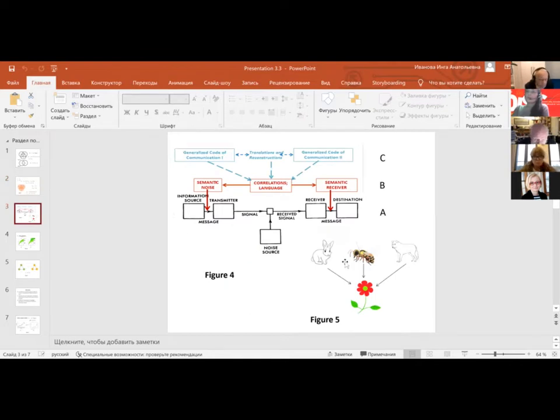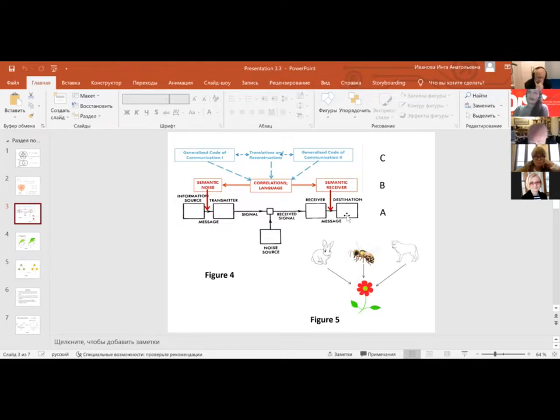In order to make it more clear, I put this scheme here on the slide, and at the base, level A, we can see how information is transmitted from the information source to the destination according to the logic of Shannon's theory.